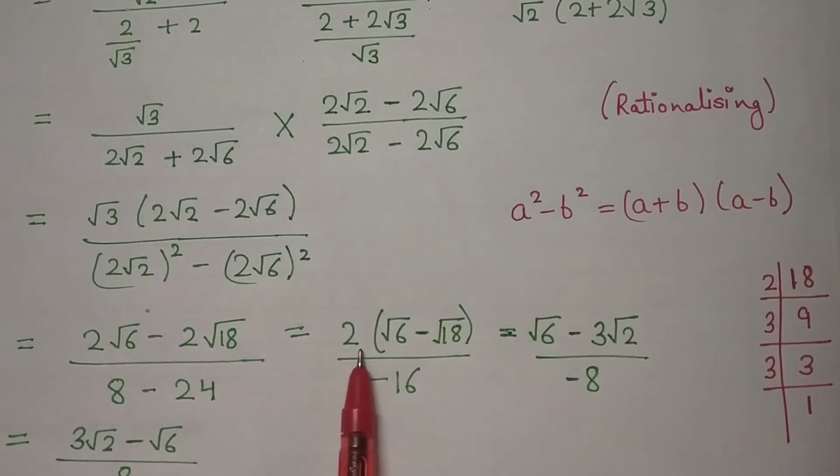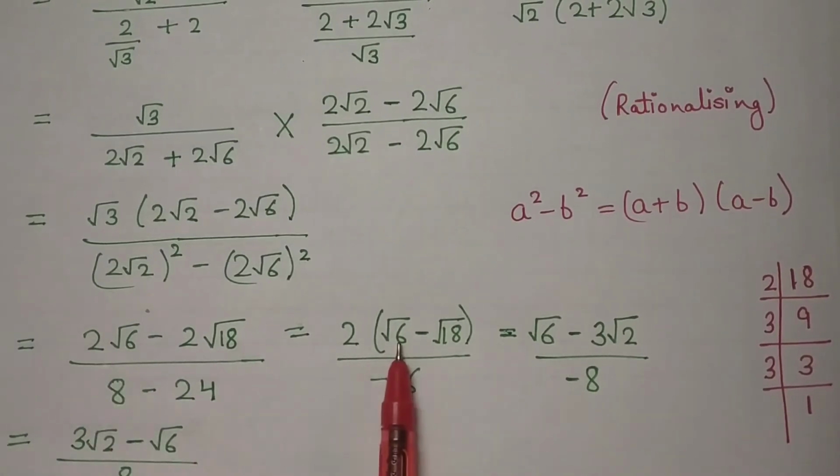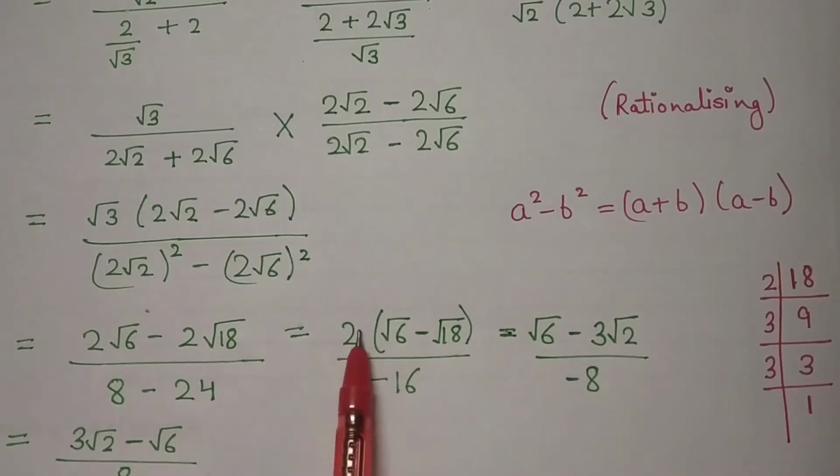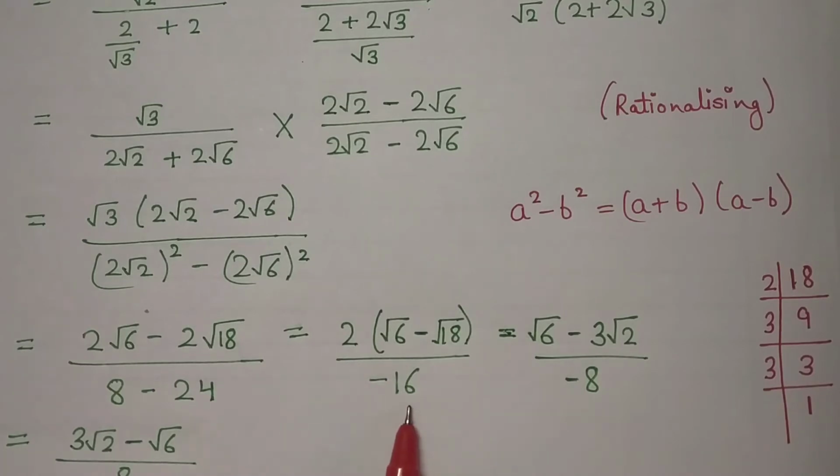So if I take 2 common in the bracket, root 6 minus root 18, and in the denominator it is minus 16. Now 2 and 16 will get cancelled and the denominator will remain minus 8.